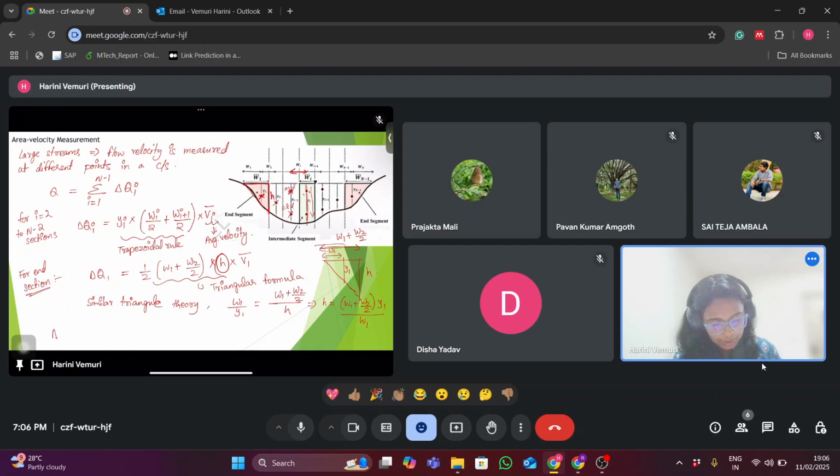Once we substitute that, the flow within the first section is calculated as W1 plus... Similarly, we will get the flow in the n minus 1th section as well.